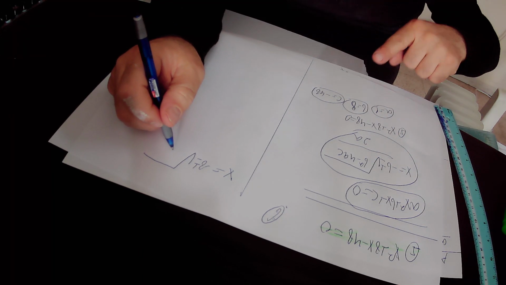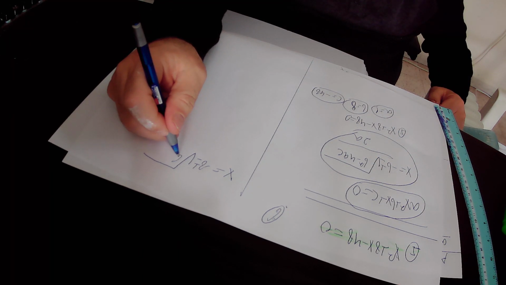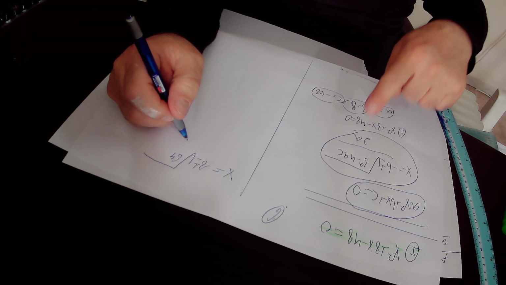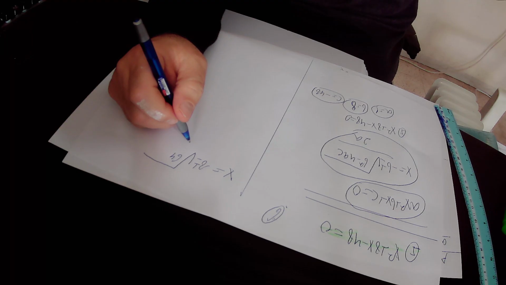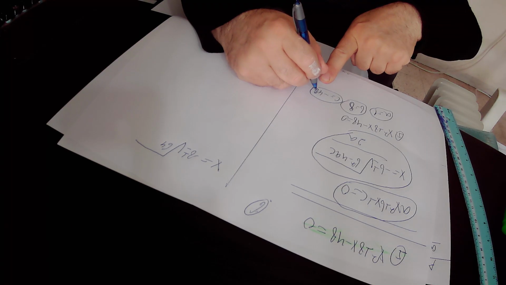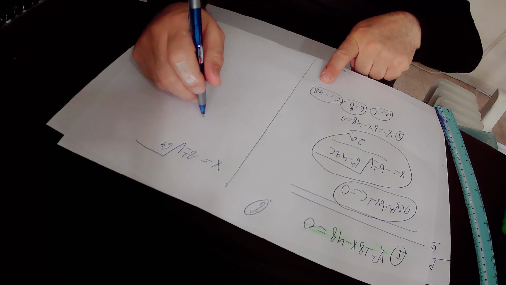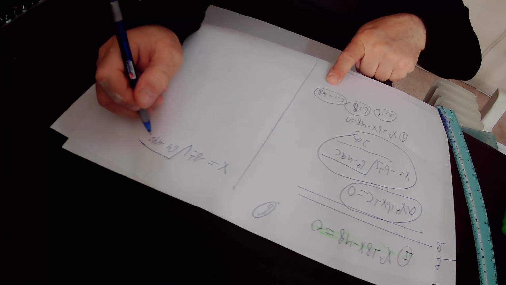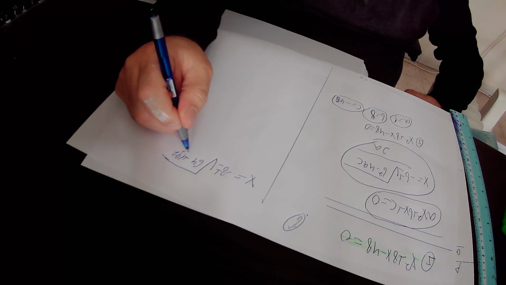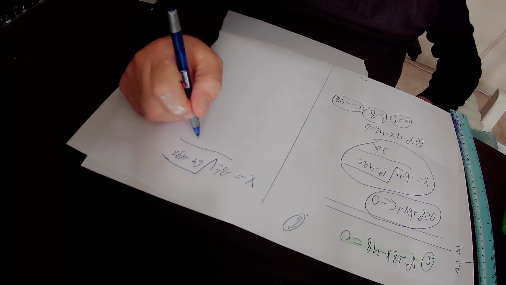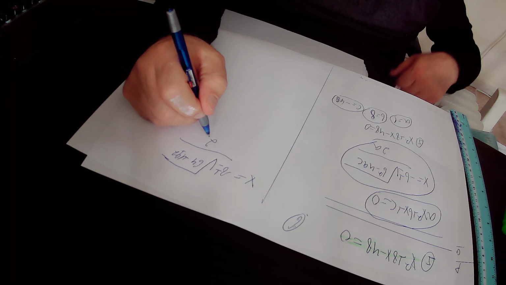B squared is 8 squared, that is 64, minus 4 times a times c. A is 1, so minus 4 times 1 is minus 4 times c. C is minus 48, therefore minus 4 times minus 48 is plus 192. So inside the root we have 64 plus 192, divided by 2a. A is 1, so 2a is 2 times 1, that is 2.